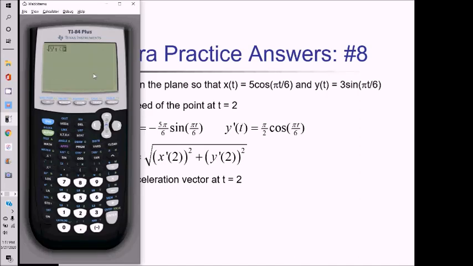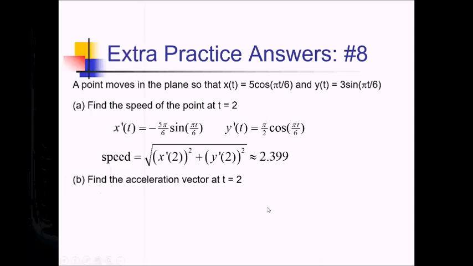I'm going to plug 2 into that, and then I'm just going to stick a square on there. Next, for y prime, we're going to do pretty much the same thing, except this time I need alpha trace y2, and we'll plug 2 into that as well. Square that, and just press enter. 2.399. Okay, in calculator we trust.